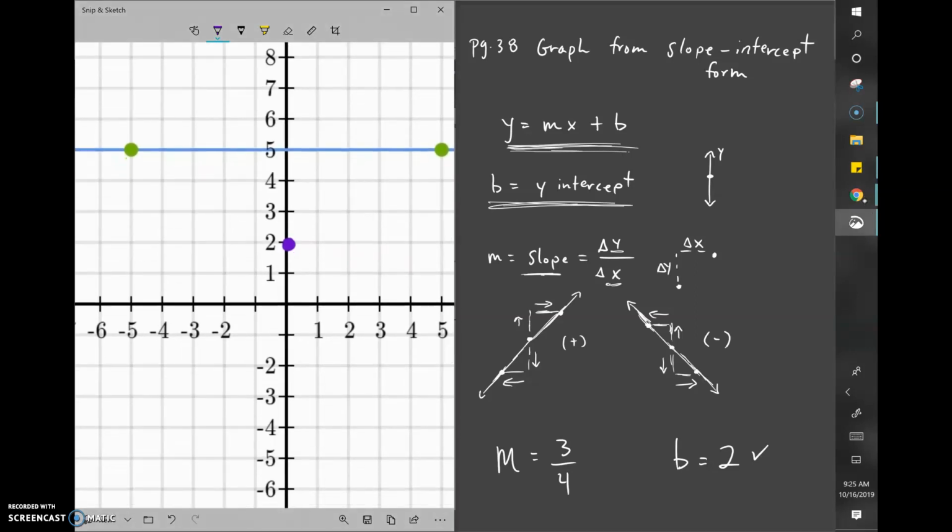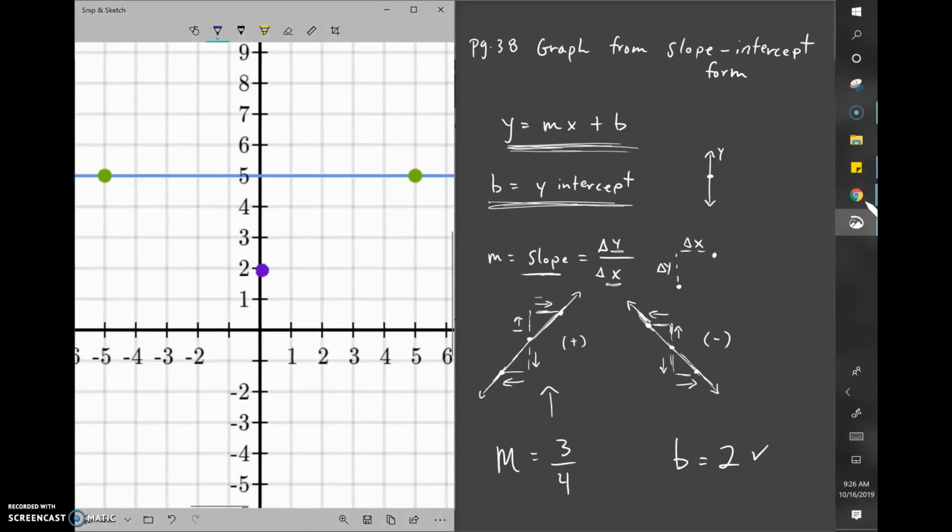And so I've got two options here. I know the slope has to be positive, so I'm looking at this slope right here. I can go up and to the right for the second dot, or I can go down and to the left. In both scenarios I would have a positive slope.